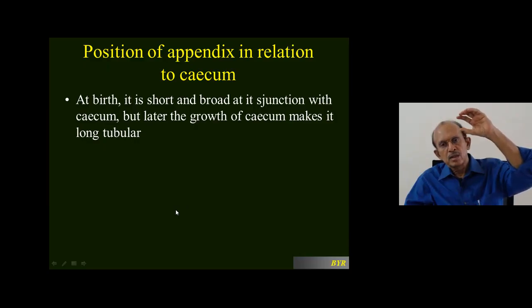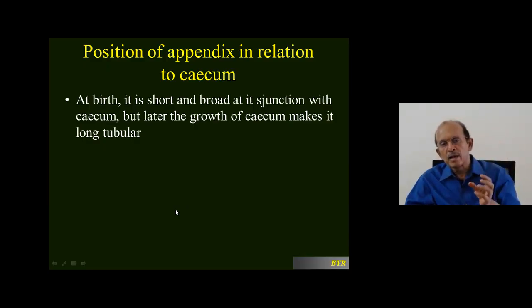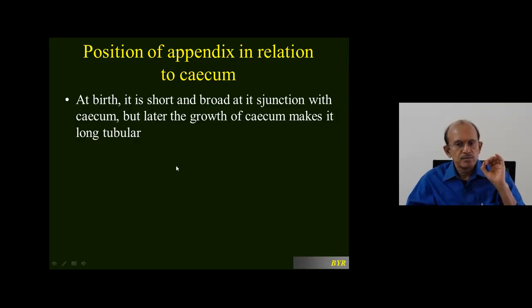Then it grows and comes down into the right iliac fossa. At the time of birth, the cecum is not yet well developed. It develops still more, increasing in size, thickness, and diameter, and it rotates. By that, the appendix becomes long and tubular.